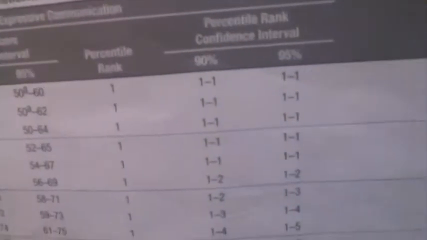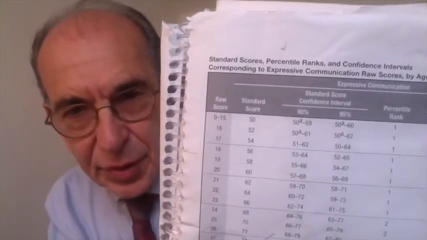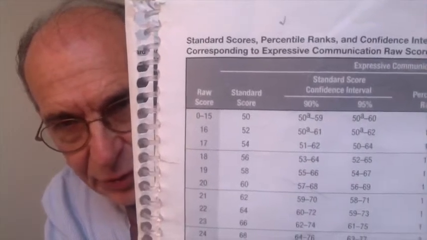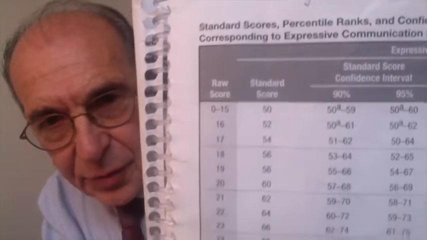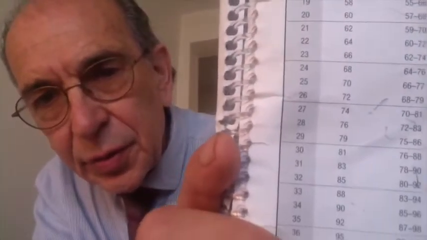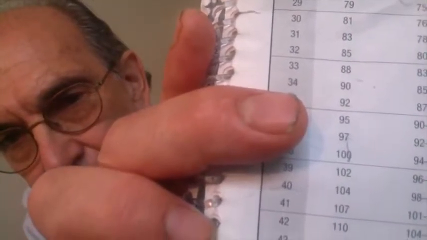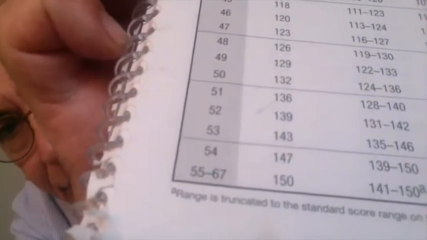Let's scan across the top. Yeah, I can't quite fit it in. It's ages 3 years to 3 years, 5 months. If you look at the standard score column there, they go from 50 and go up to 100, and then way up to 150 on that page.